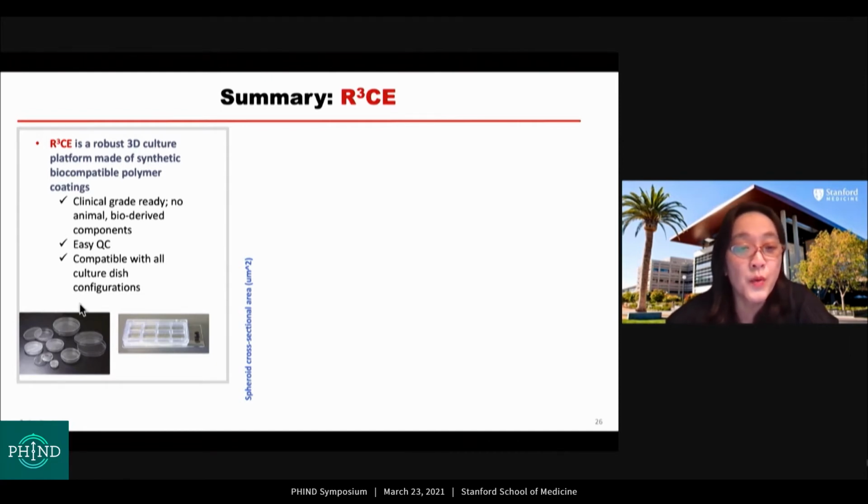Also, they can be coated on different kinds of culture dish configurations, which is very important for the user, in that you do not need to change your current equipment or setting, okay? And you can use RCE as easy as using any 2D culture method.